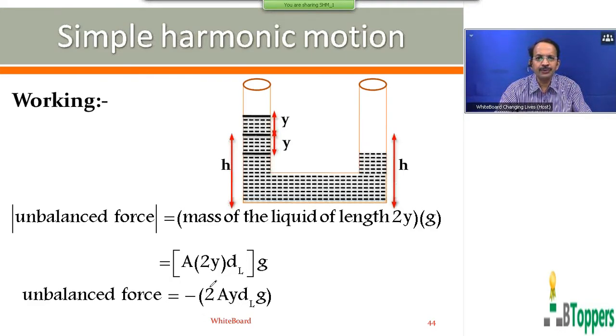The negative sign is used here because the weight of the liquid column of length 2y acts vertically downwards, but for particles of the liquid in the left limb, displacement y from equilibrium position is upwards. That means the unbalanced force on the liquid column acts opposite to displacement y from equilibrium position.